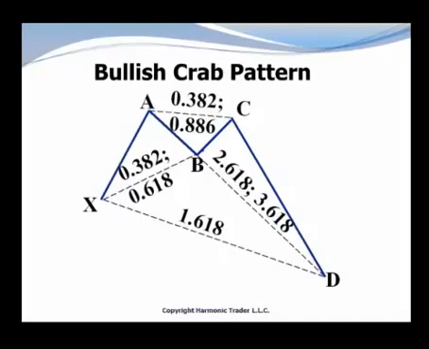But for the crab, we really focus on the BC extension with that XA leg, and we look for the BC to complement the 1.618 XA extension for the optimal area to look to execute the trade. We employ the 2.0 XA extension, the area just beyond the 2.0, as our make or break, that is the stop loss limit.